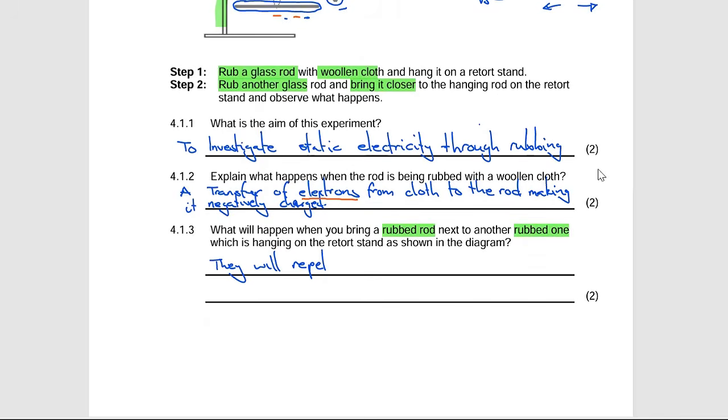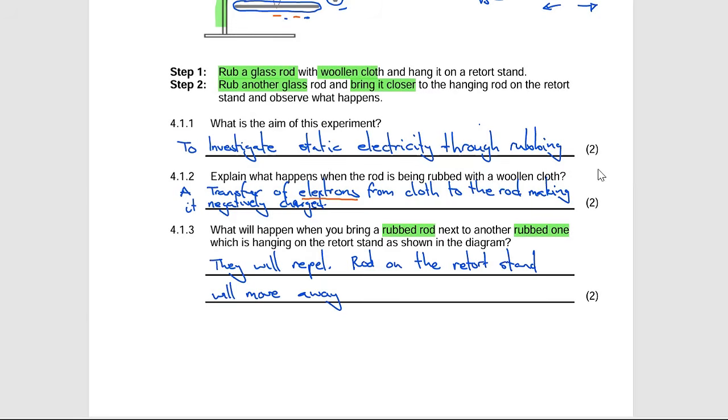So they will repel, right? So it means the one that is hanging here is going to move away. So the rod on the retort stand will move away, right?